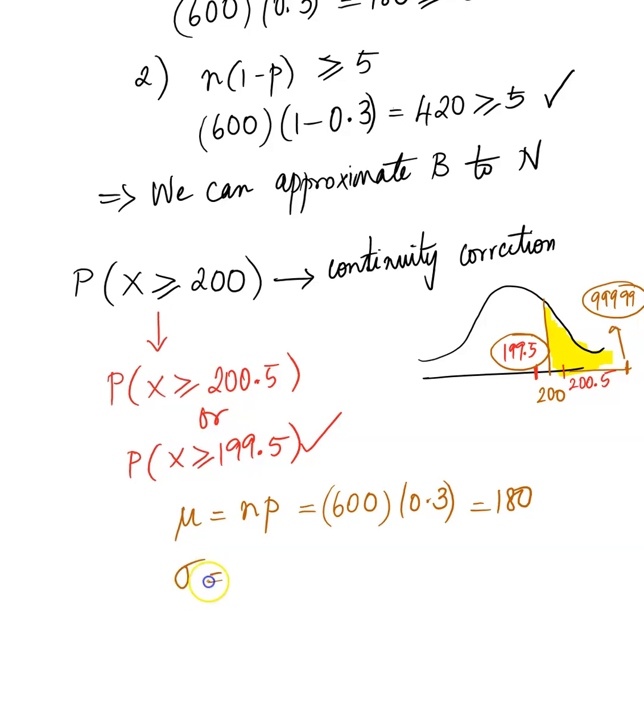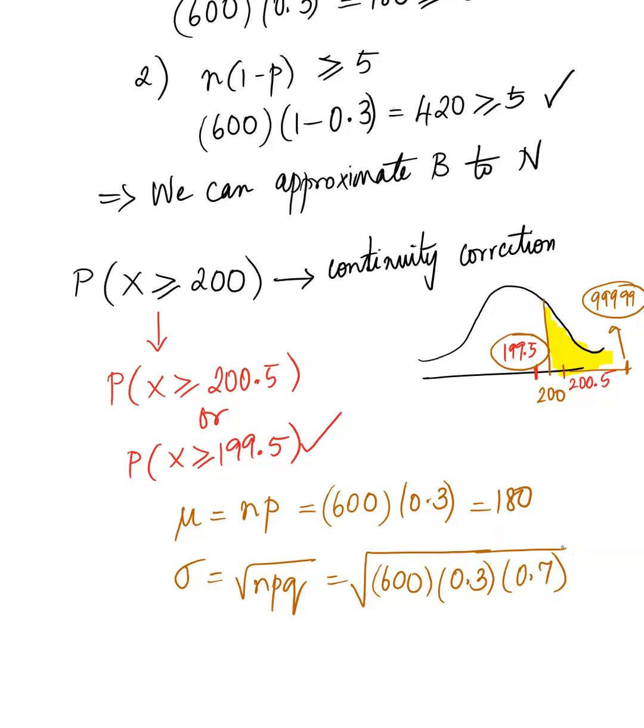And sigma is square root of npq. If you want, you can calculate all these beforehand, or you could punch them all into the calculator directly, so that it'll take care of that computing as well. So p is 0.3, and q is 1 minus 0.3, which is 0.7. Right? So you can compute that and enter those values too.